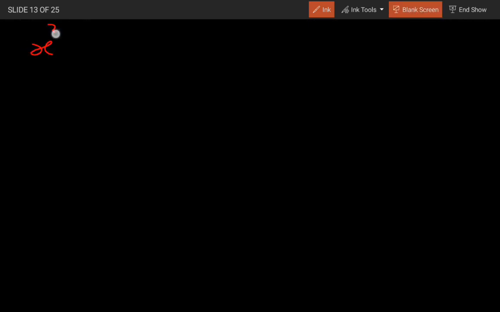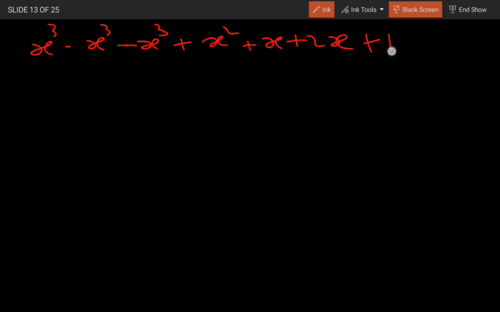So now what I told, write these two terms separately and combine these three terms. Combining those three terms means it is x cube plus x square plus x. Now by taking x as common term, we'll get x square plus x plus 1 again, right? So now here we got the denominator once again. So x square plus x plus 1 by x square plus x plus 1, again cancelling these two, plus the remaining.